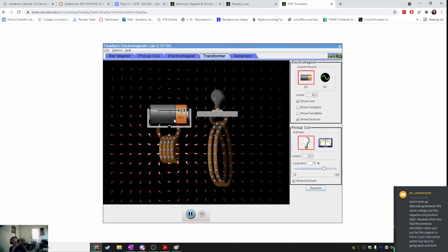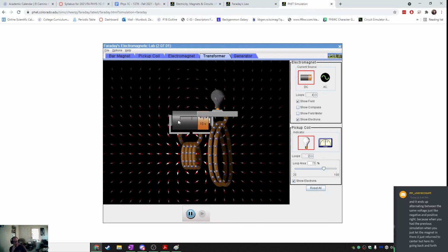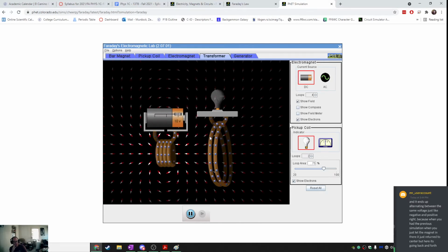Now, there's a problem here, though, which is that in order to make this happen, I have to actually move my electromagnet, right? But we can fix that by switching from direct current to alternating current. So watch what happens now. If I switch this to alternating current here, now the current is going to flow up and then down and up and then down.